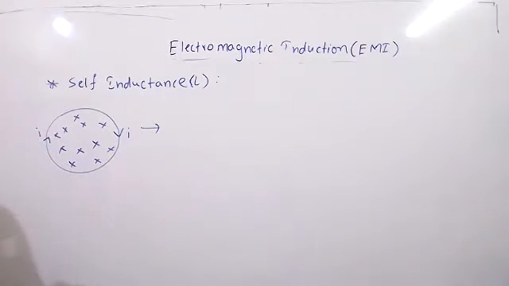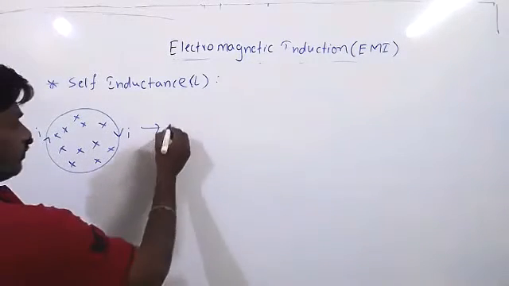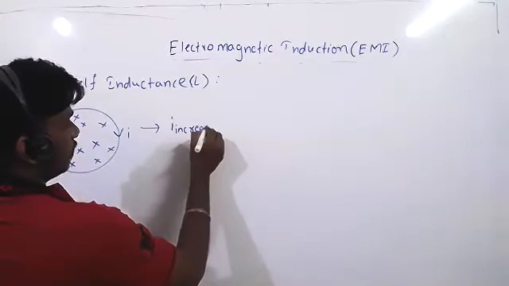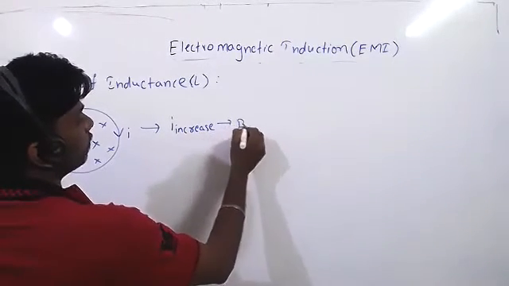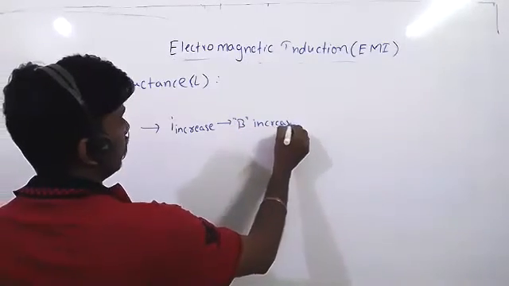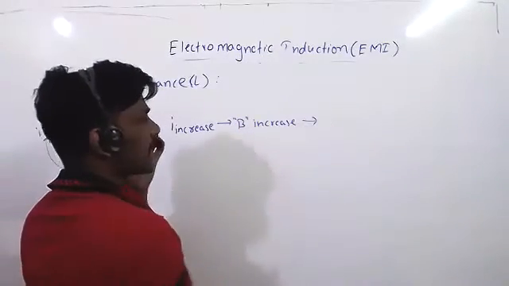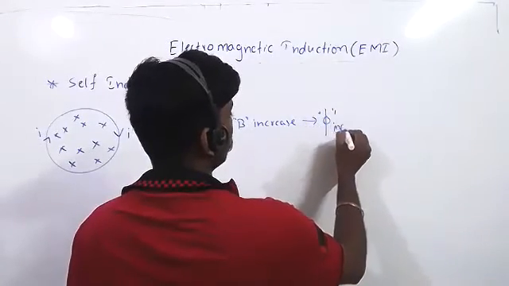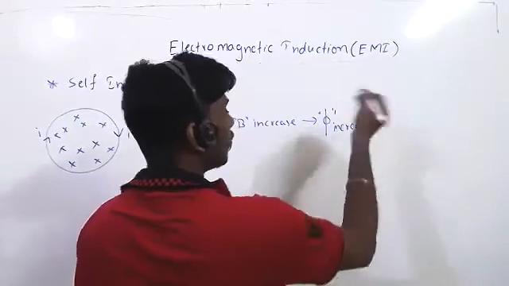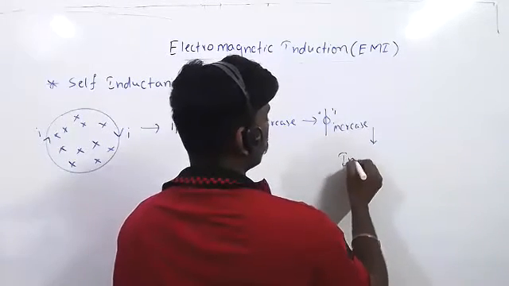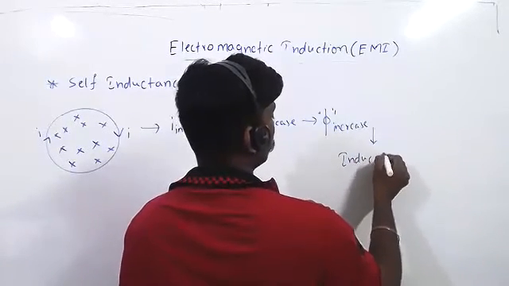The current I increases, then the magnetic field increases. When the magnetic field increases, the change in flux increases. When flux is increasing, what will happen? Induced EMF or induced current.